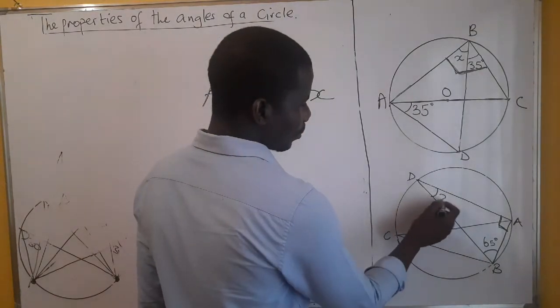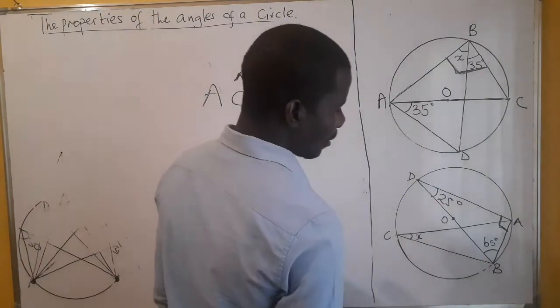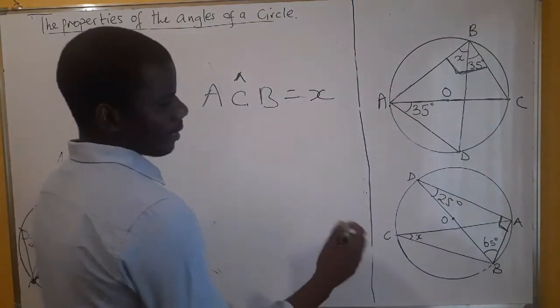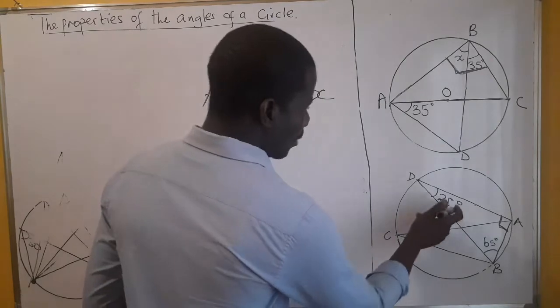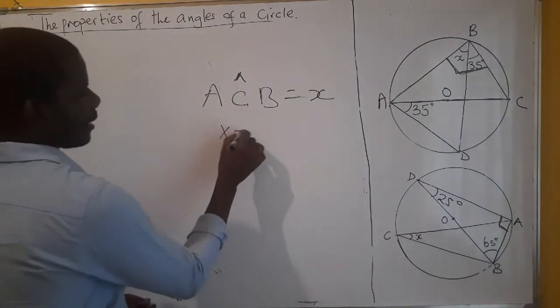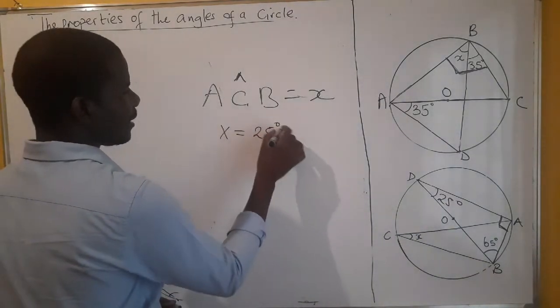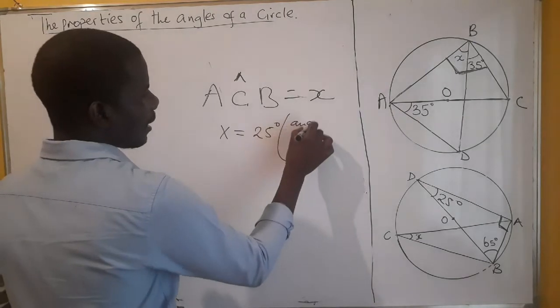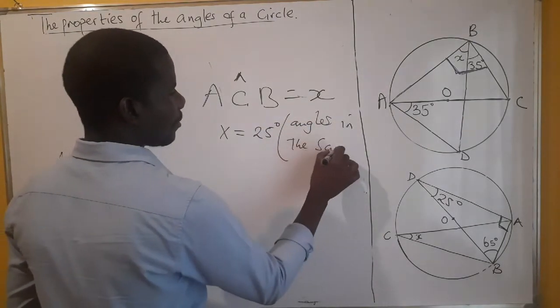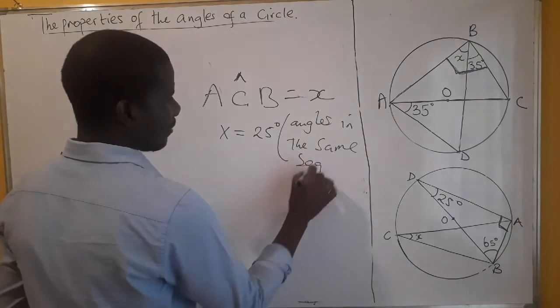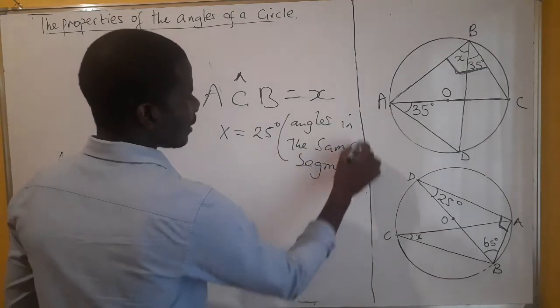So this is going to be 25. Am I right? This is going to be 25. Then we know now that X is equal to 25 degrees. If you want, you can say angles in the same segment.